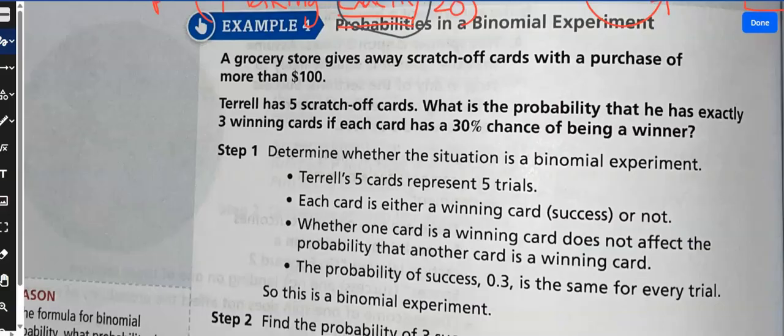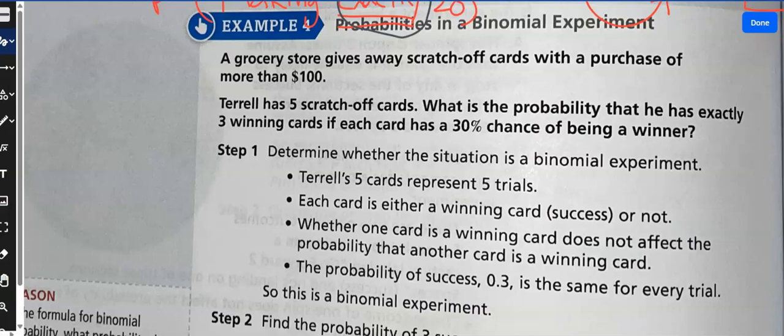Okay, in example 4 here, we have a grocery store that gives off scratch-off cards with a purchase of more than $100. So this isn't exactly a lottery, so don't equate it to that. It says Terrell has 5 scratch-off cards. We spend money at the grocery store.